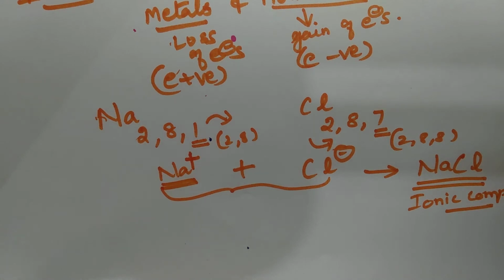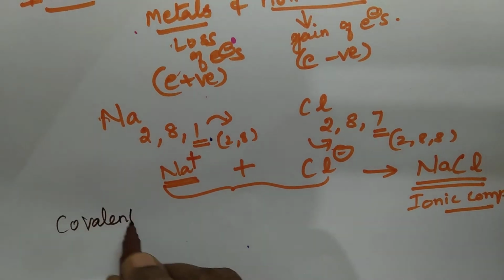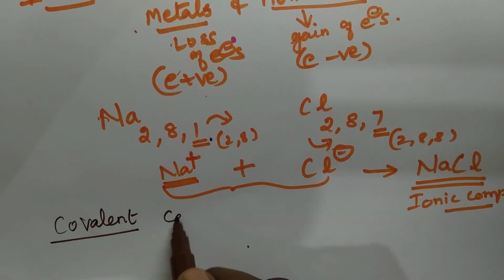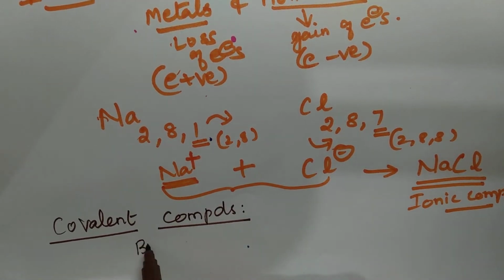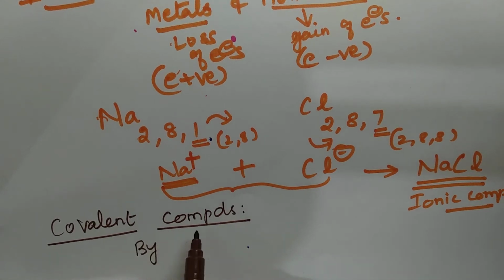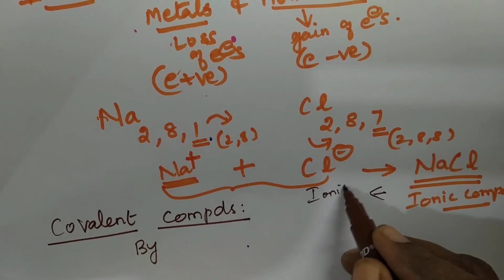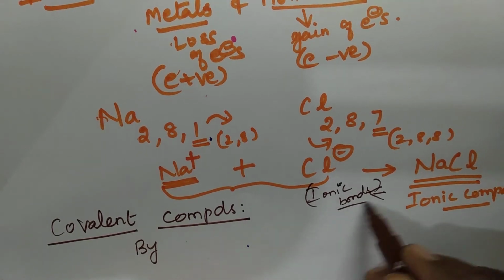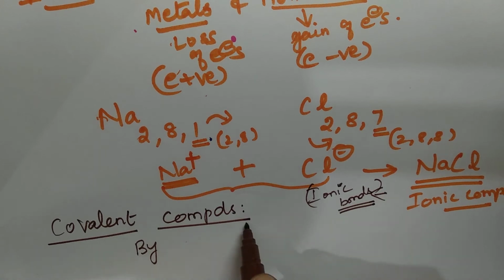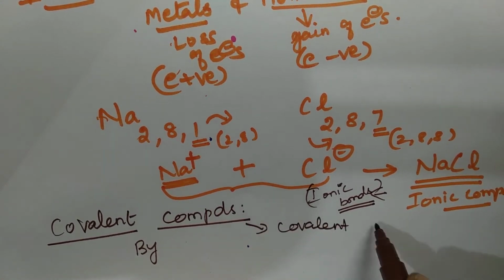Covalent compounds are formed by the sharing of electrons, that is, by bonding. In ionic compounds the bond formed is called an ionic bond, or an electrovalent bond, whereas in covalent compounds the bond formed is called a covalent bond.